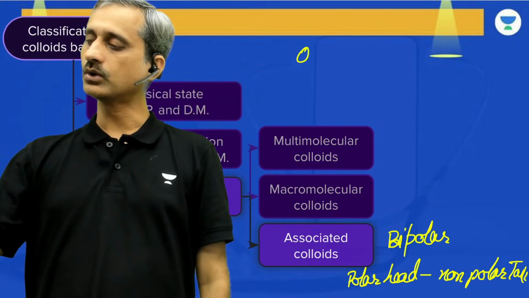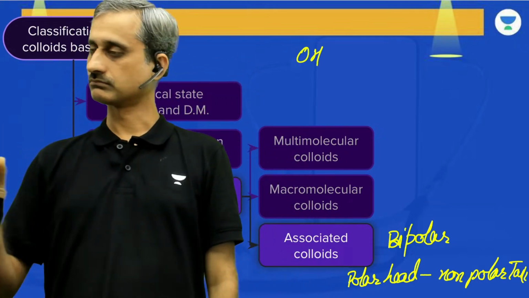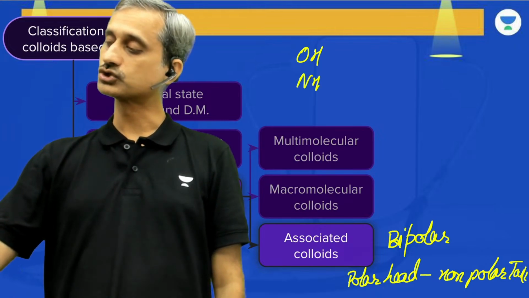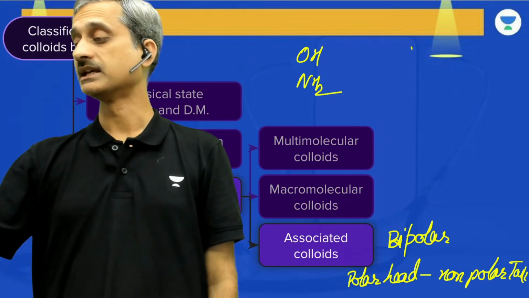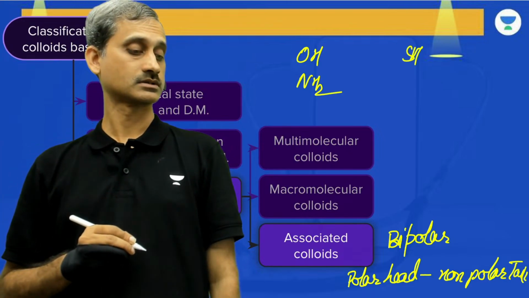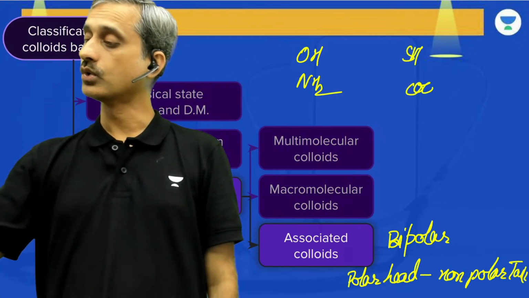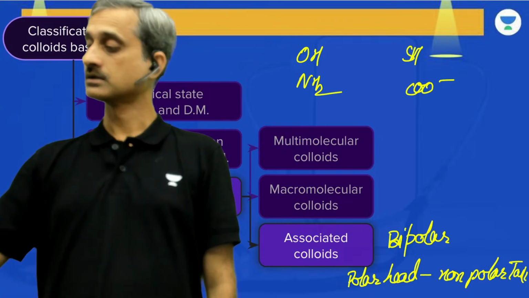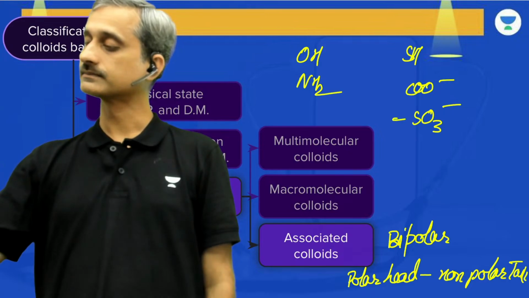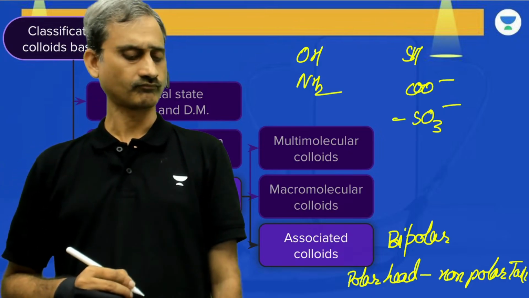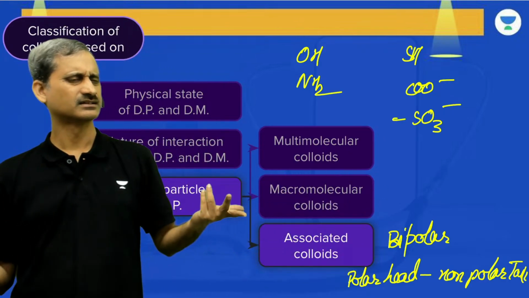Polar head could be OH. Polar head could be NH2. Polar head could be maybe SH, maybe COO minus, maybe SO3 minus. It could be anything.